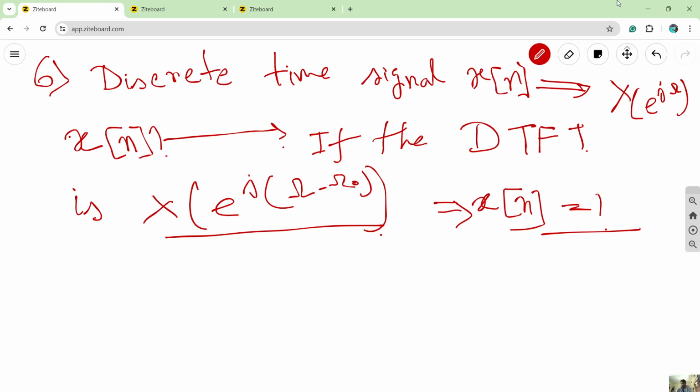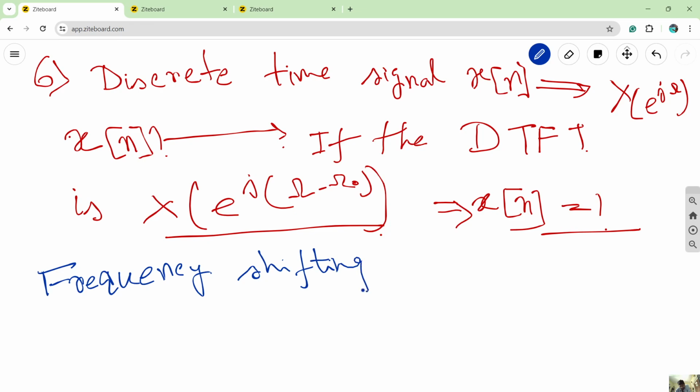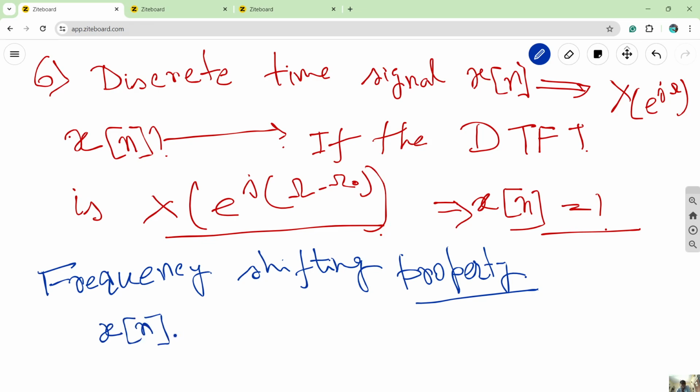Okay. So this actually comes from the frequency shifting property. What it tells is that if we have a discrete time sequence x of n, that becomes X of e to the j omega.